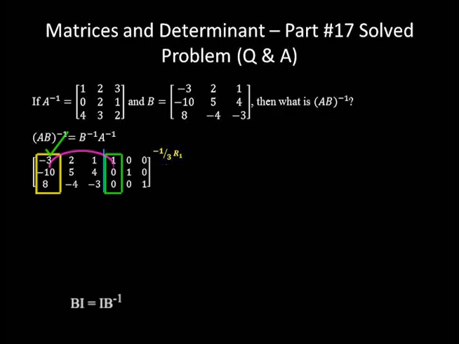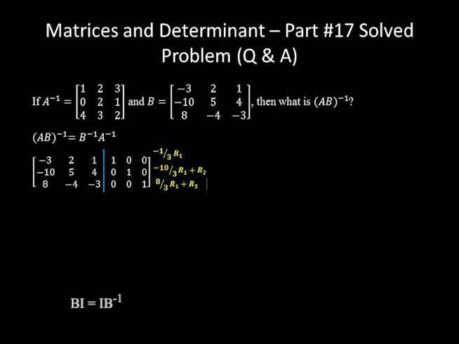So the formula that can convert this negative 10 to 0 is negative 10 over 3 times row 1 plus row 2. By the same analogy, if we multiply this negative 3 by 8 over 3, it will give us negative 8. Negative 8 plus positive 8 gives us 0. Thus, the formula that can convert this 8 to 0 is 8 over 3 times row 1 plus row 3.